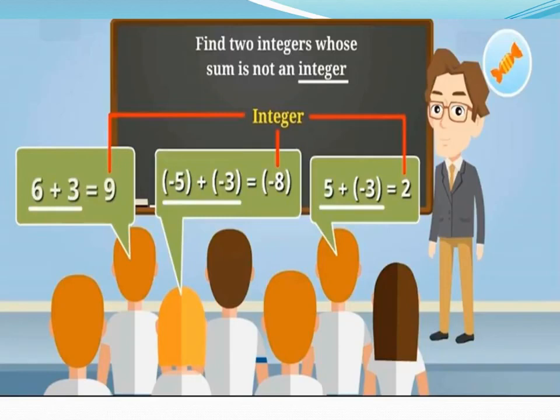Yes, we cannot find two integers whose sum is not an integer. So the sum of any two integers is always an integer. So students, all of you think about finding two integers whose product is not an integer. Write the answer down in your notebooks.